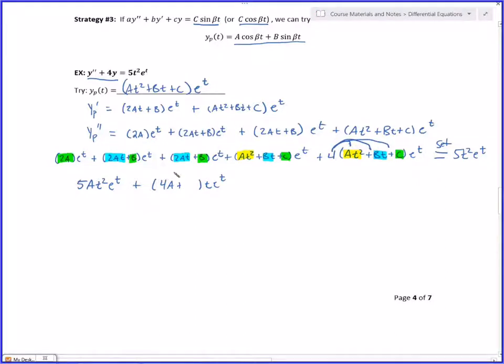So I had 4 of those, and one of those has 5. I have 4a, and then I've got a b and a 4b, so that's 5b here. And then the constant ones, I've got a 2a, 2b, and a c plus 4c, which is 5c. So 2a plus 2b plus 4c e to the t equals 5t squared e to the t.